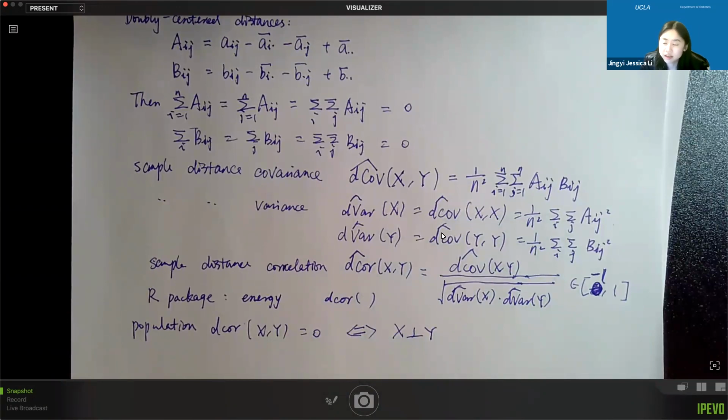My suggestion is that when your data x and y are both scalar valued, which means you can make a scatter plot of your data, you could use either distance correlation or the ACE algorithm for the maximal correlation.